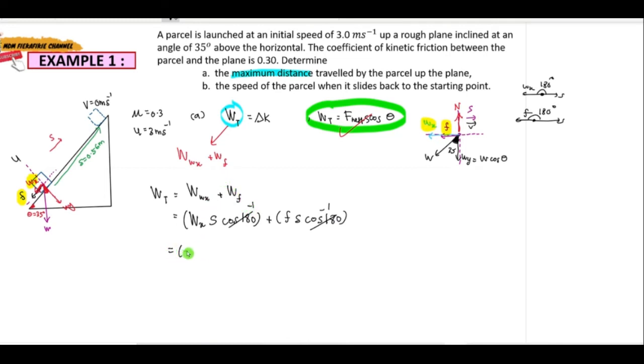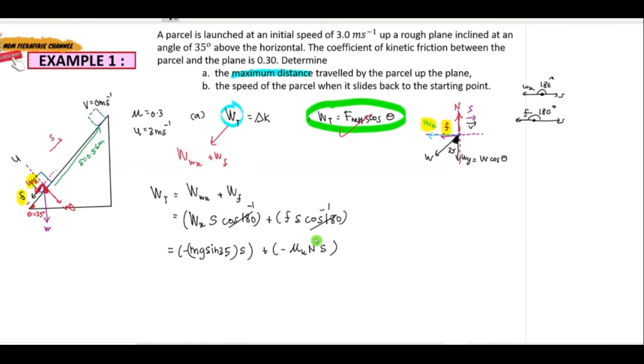Therefore, we can write negative mg, look at here, Wx is mg sin 35, times S, plus negative mu k n, mu k n S, macam itu.